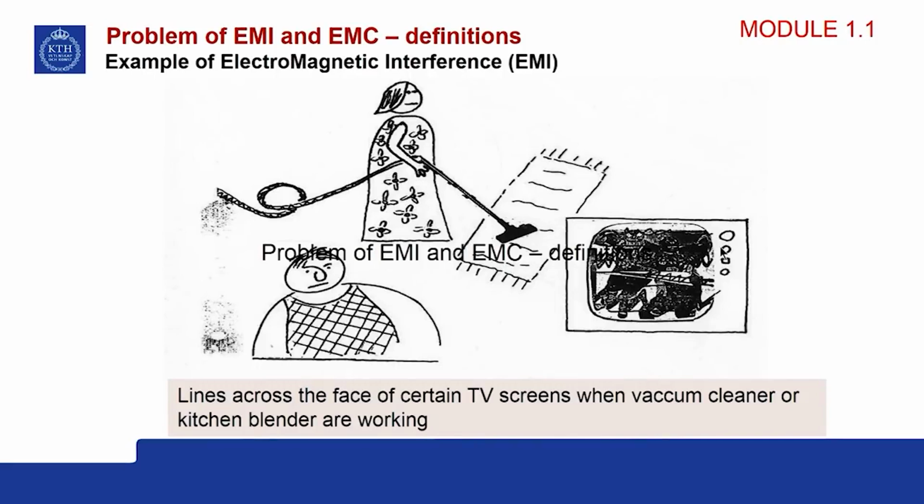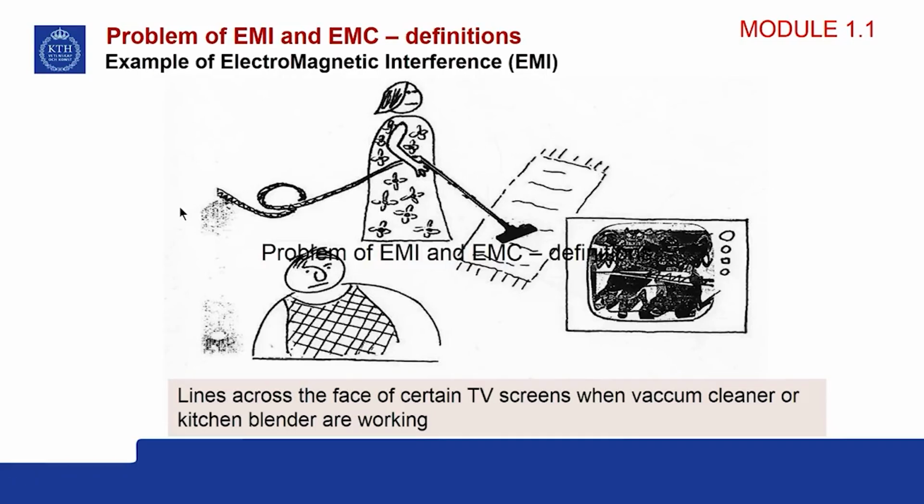Now, what is meant by the problem of electromagnetic interference? This particular cartoon was drawn by one of our students in the EMC class. Basically, it shows, well, you have a TV screen over here, and someone is doing a vacuum cleaning, and vacuum cleaner has got a motor there.